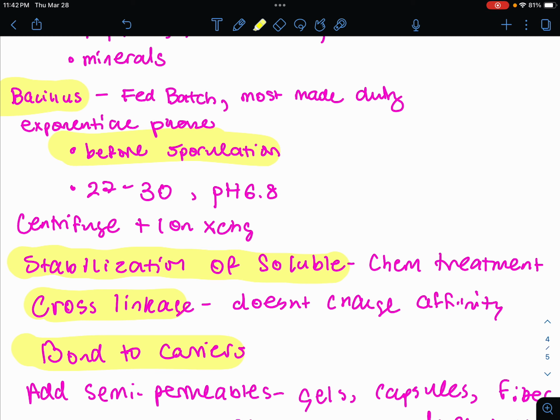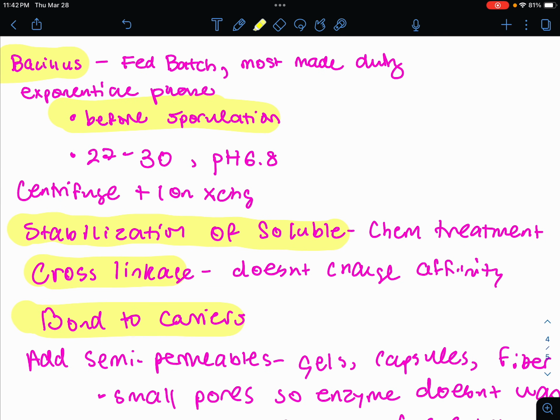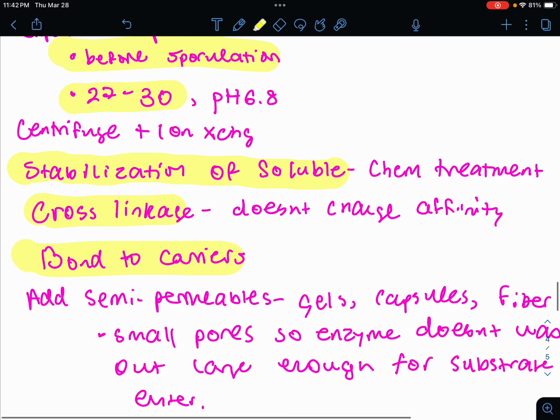However, the rate of formation is low during exponential phase. The fermentation conditions for Bacillus subtilis are 27 to 30 degrees, pH 6.8. Next, you're going to centrifuge and use ion exchange to continue processing and purifying the amylase that you isolated from Aspergillus oryzae or Bacillus subtilis.